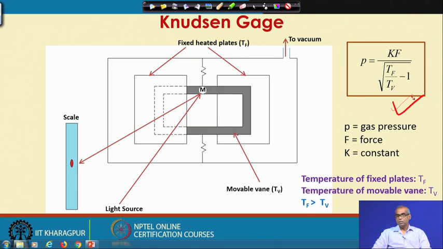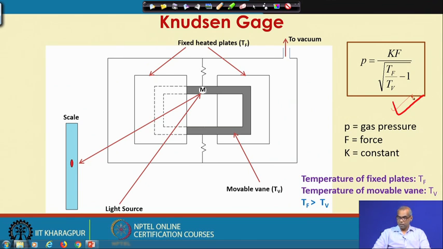P, which is pressure, is equal to K times F divided by square root of T f minus T v minus 1, where small p is gas pressure, capital F is force and K is a constant for the Knudsen gauge.